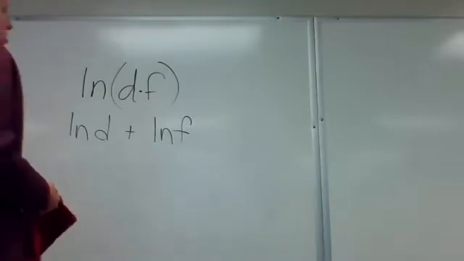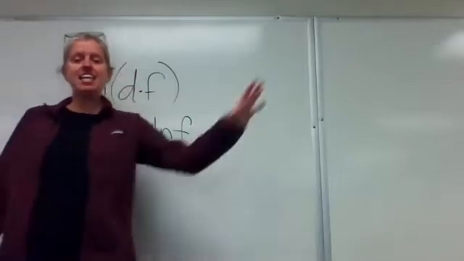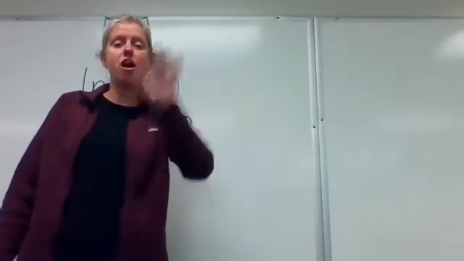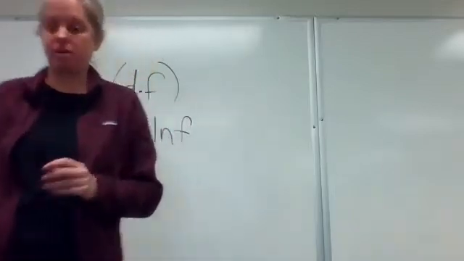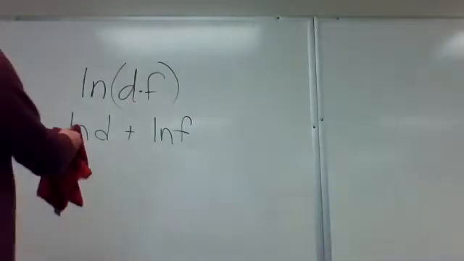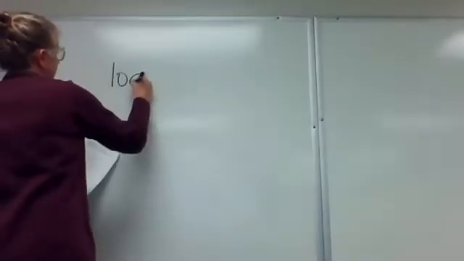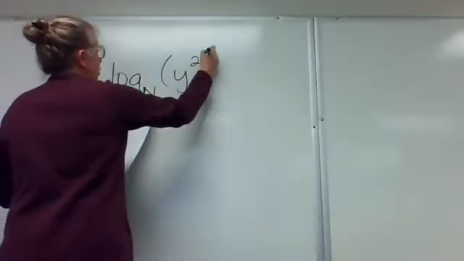All right, another property of logarithms is if you have a log and it has an exponent, you can rewrite that as a product and bring that exponent down in front of the logarithm, like number 3. So I've got log base n of y to the 20th.